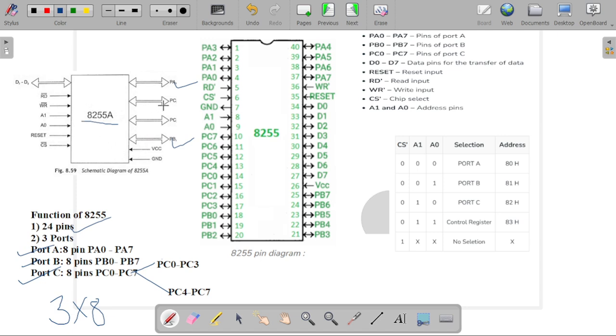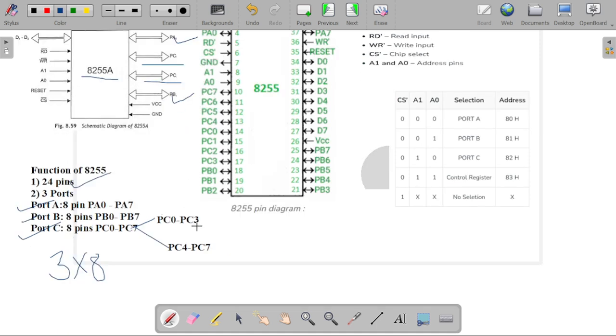Here you can check that PC is divided into 2 parts in PC0 to PC7. The first part is PC0 to PC3, which is considered the lower part, and PC4 to PC7 is considered the upper part. So lower and upper are the 2 parts in our port C.